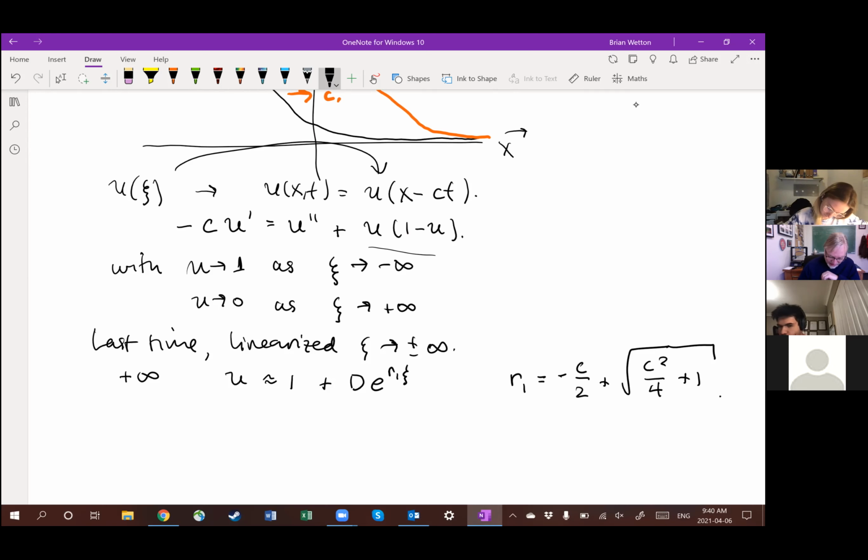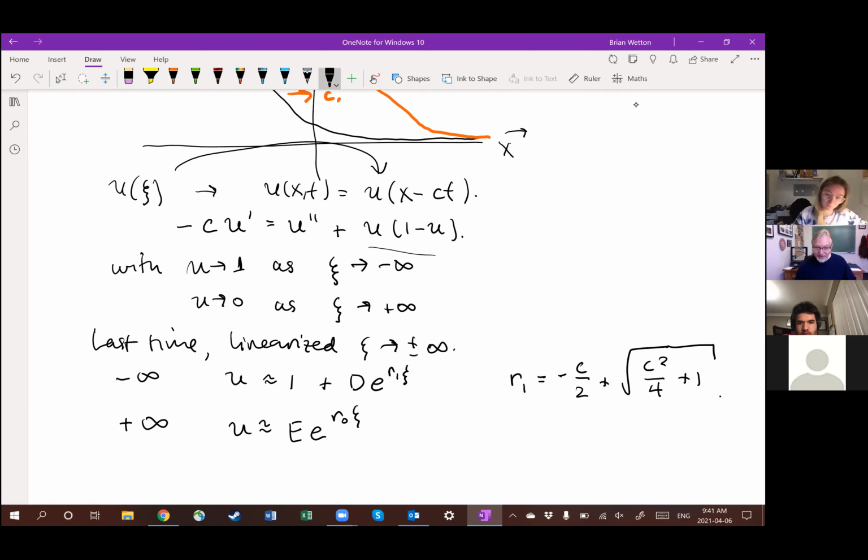Okay, sorry, this is the one for minus infinity, because it's got the 1. And as I go to plus infinity, I have u approximately equal to another constant times e to the r0 c, because it's going to 0.